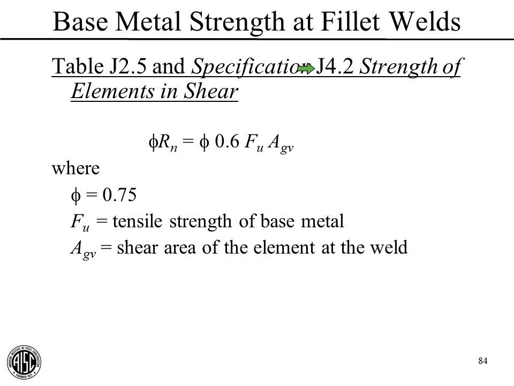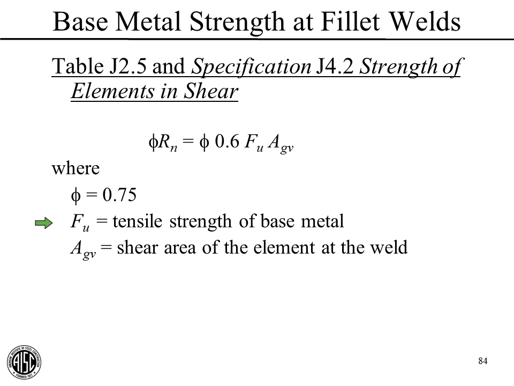Now, this check is traditionally done with the shear strength, so we go to section J4.2, strength of elements in shear, and then we get this equation using the shear rupture equation. This is the design strength for base metal strength, and the only thing that's a little weird here is this A sub GV. We usually have an A sub NV for shear rupture, but in this case, the shear area of the element at the weld never has holes there, so it's always going to be a gross area, so I stuck a G in there.